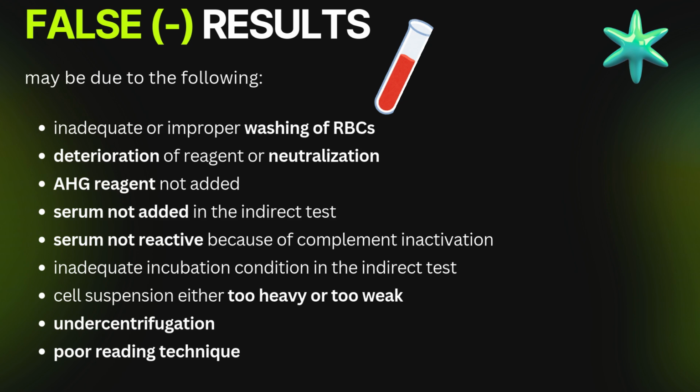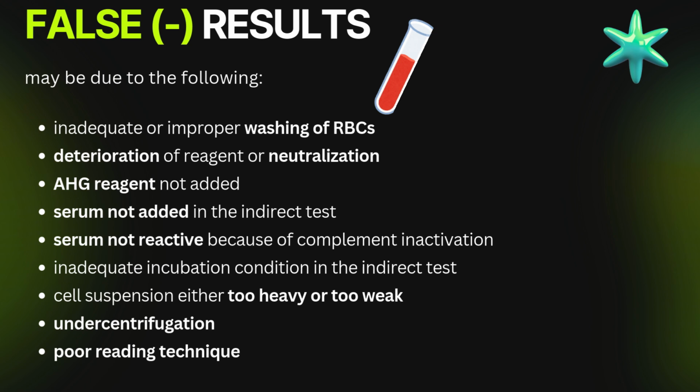So ensure that incubation conditions are adequate in the indirect test, as inadequate conditions can affect the binding of antibodies to antigens. So pay attention to the cell suspension concentration. If it's either too heavy or too weak, it can skew the results. Aim for the correct density for accurate readings.